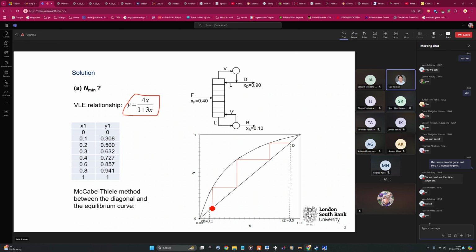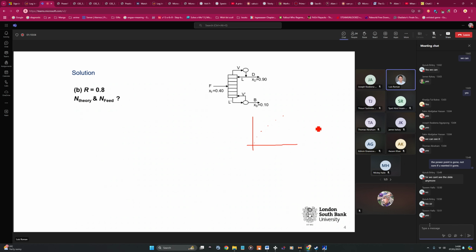You need to plot your equilibrium curve, your diagonal, and locate the distillate and bottoms composition. Have your equilibrium data, you draw your diagonal. You join the dots, that's your equilibrium curve. You have to locate the distillate composition on the diagonal, the feed composition, and also the bottoms composition.